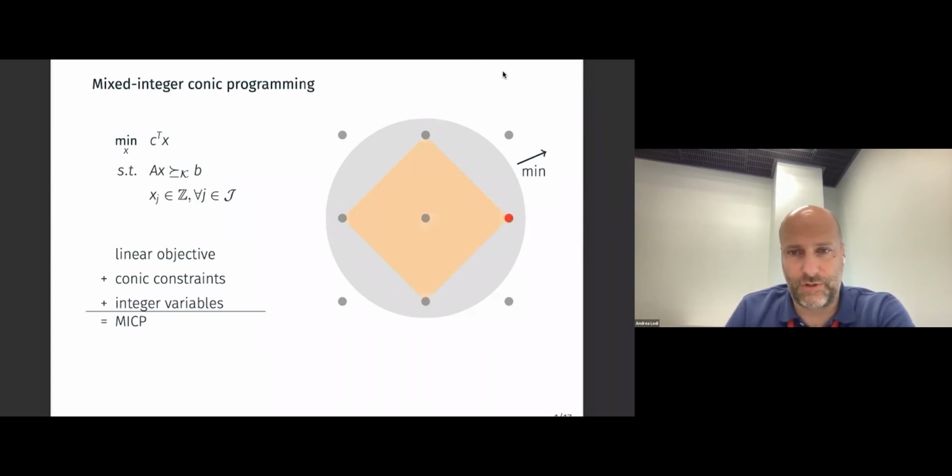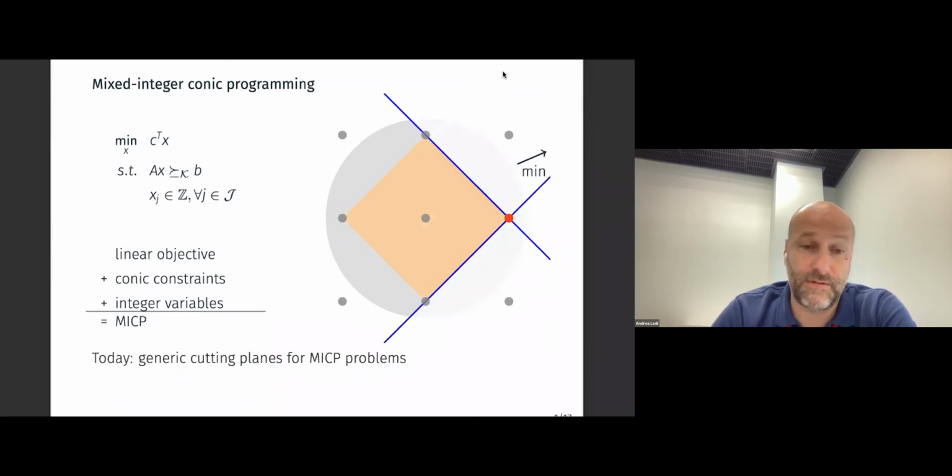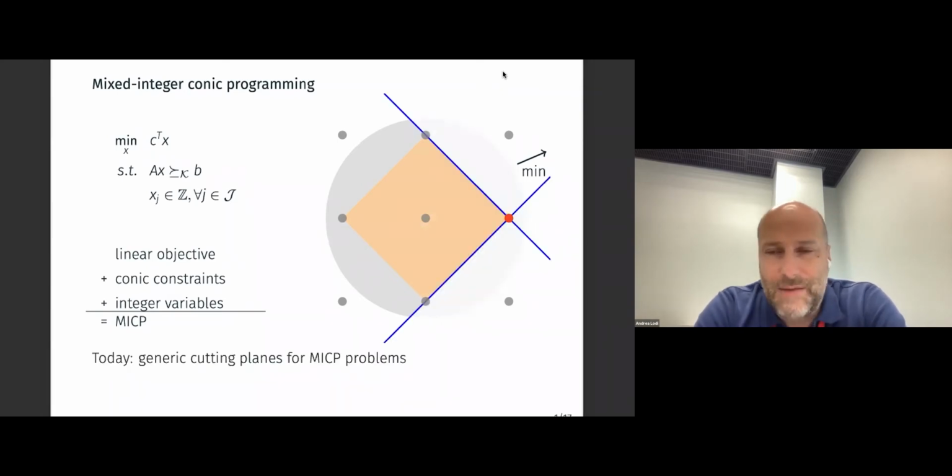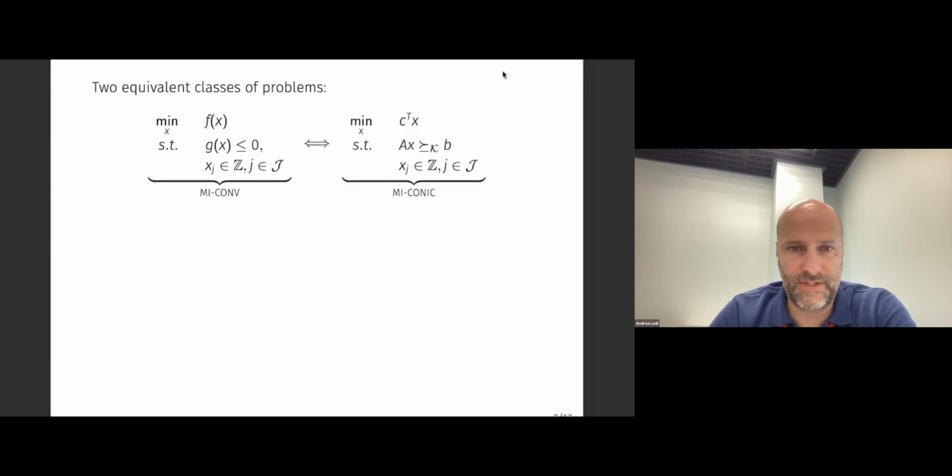What we are interested in, the gray area being one of the constraints, is finding the convex hull of the integer solutions of this problem. This is what we refer to as mixed-integer conic optimization.